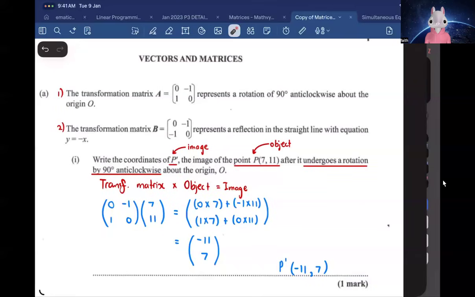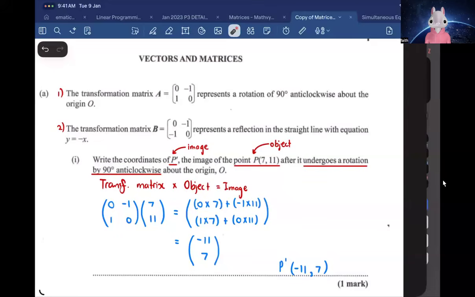All right, so Faith, the magical equation you need to remember is that the transformation matrix by the object will give you the image. We have two transformation matrices here. One of them rotates 90 degrees anti-clockwise. The other one reflects along the straight line y equals -x. In part 1, they want us to write the coordinates of P prime, which is the image.